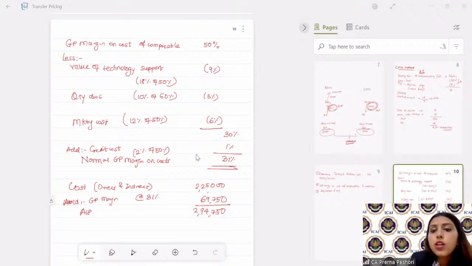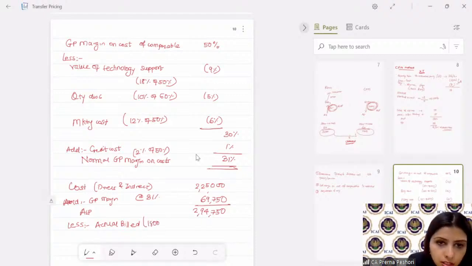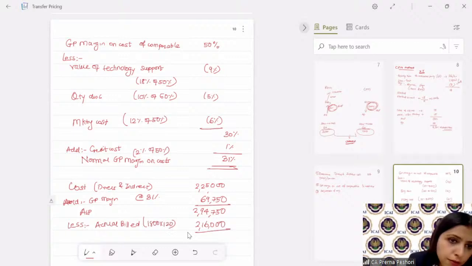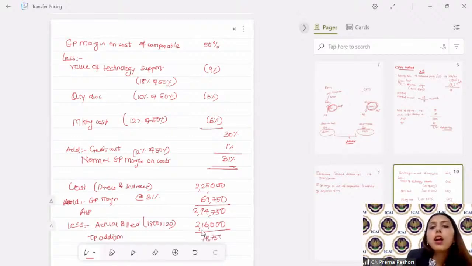And how much I have billed, the actual billing is 1,800 into 120 man hours, which comes to 2,16,000. So therefore, there will be a TP addition of 78,750. Are we clear?